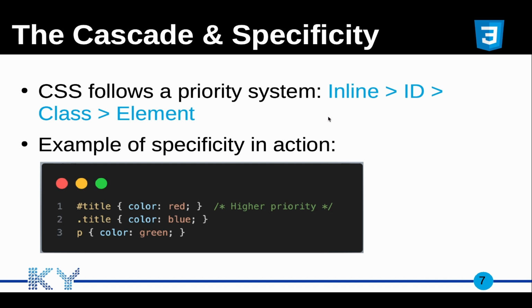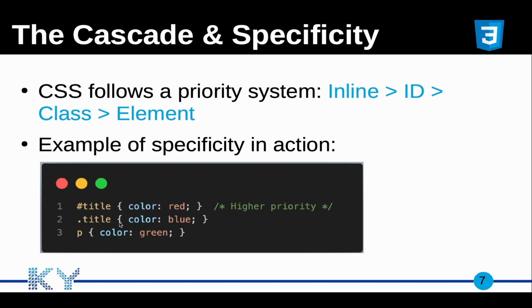You understand? So the ID has a higher authority than the class. So if I give an ID a rule and I decide to change it in the class, it would not change because the ID has a higher authority.